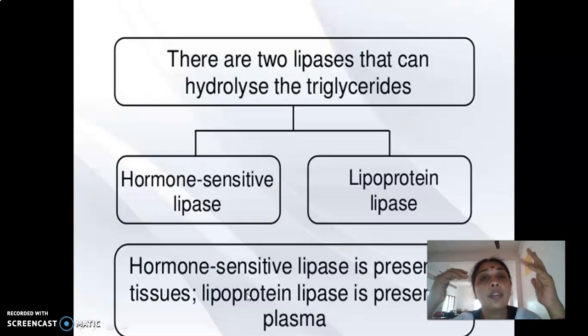Free fatty acids are transported with the help of the protein albumin, but they are not included in the lipoproteins. So the lipoproteins are actually chylomicrons, VLDL, IDL, LDL, and HDL.